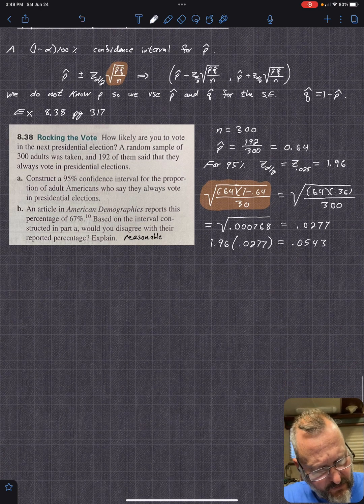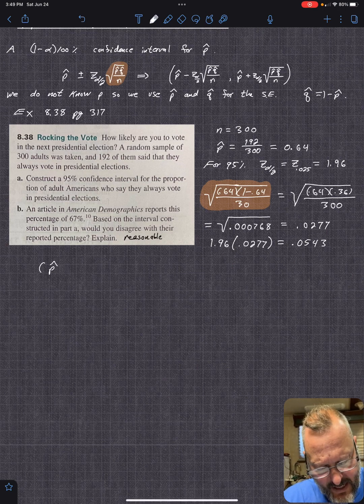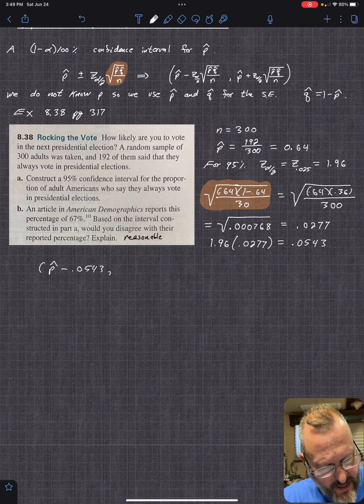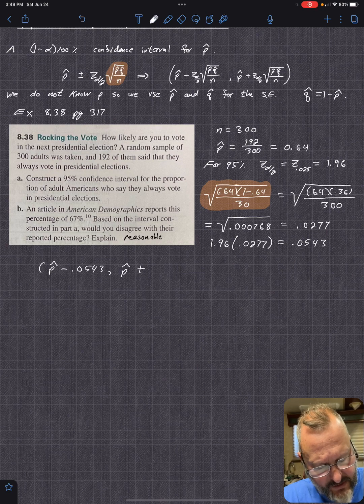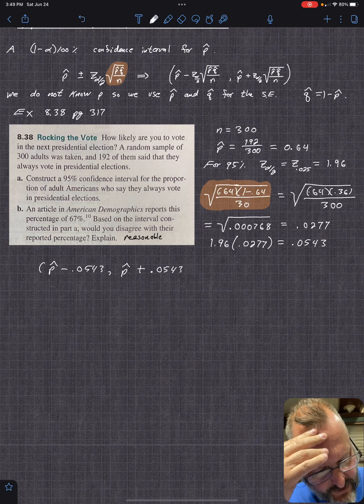And then the confidence interval is your p hat plus or minus that. So it's p hat minus 0.0543 to p hat plus 0.0543. We'll do that calculation.